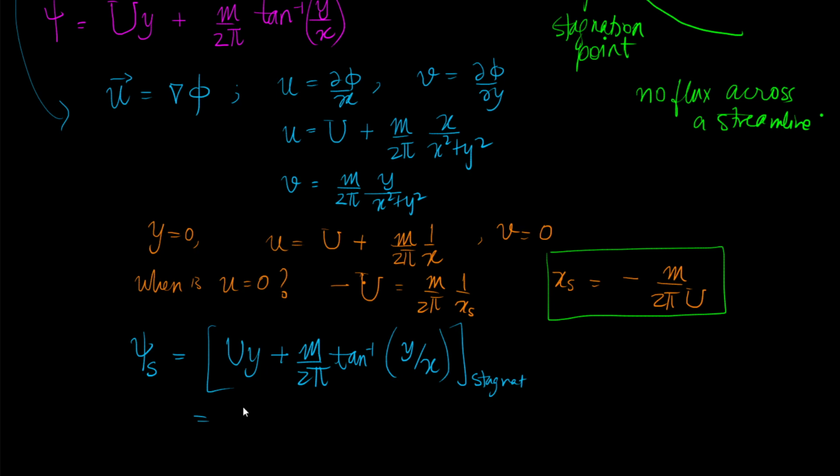So y is 0 but x is negative, so it's approaching 0 from the other side. So this will be pi. So I'm giving it a minus because it's telling that it's approaching 0 from the other side. So this will be m upon 2. Yeah. So this is the value of the stagnation streamline.